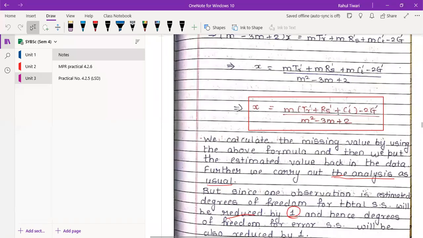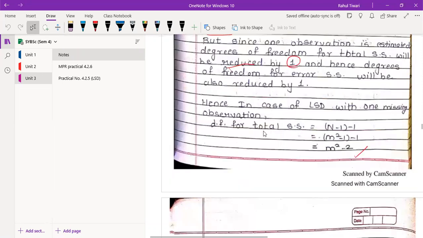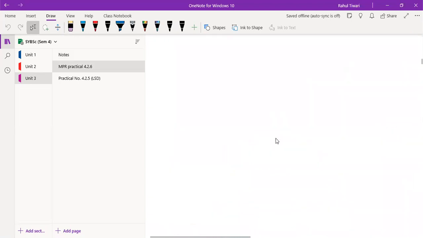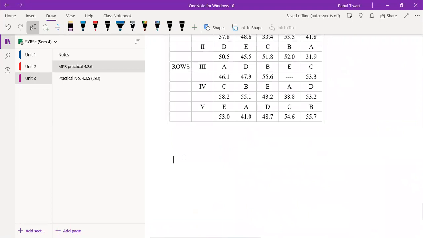You add those totals, minus 2G, upon m square minus 3m plus 2. So first you need to obtain m. What is your m in this case? M is equal to 5.